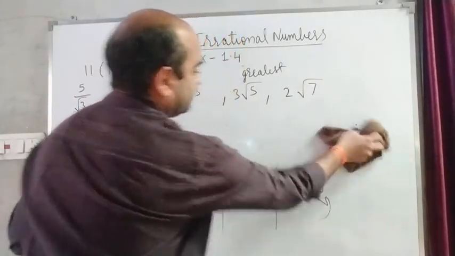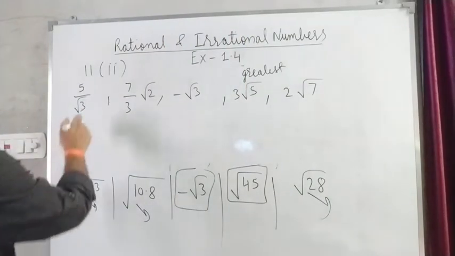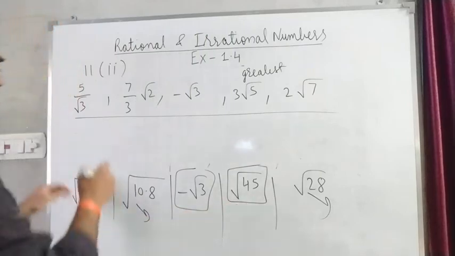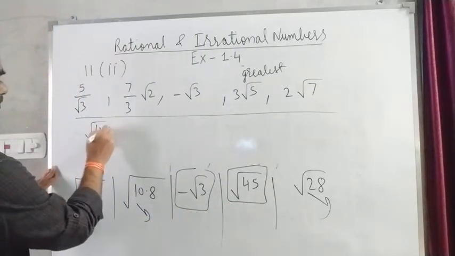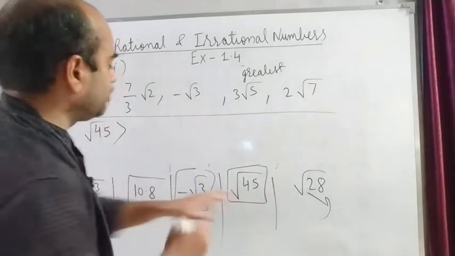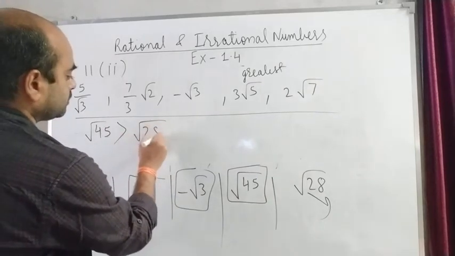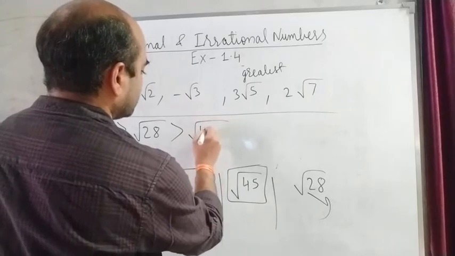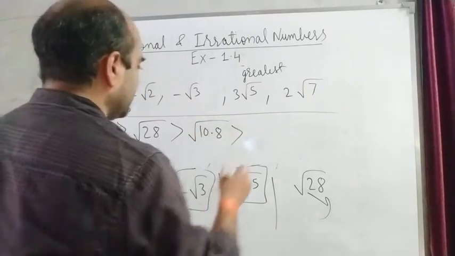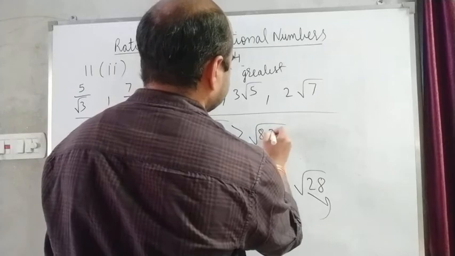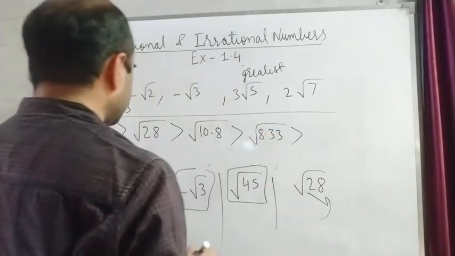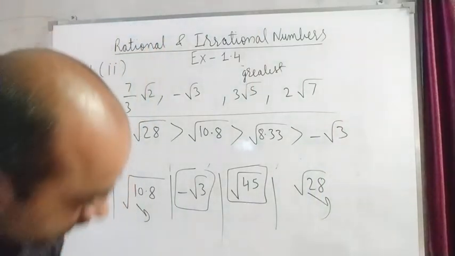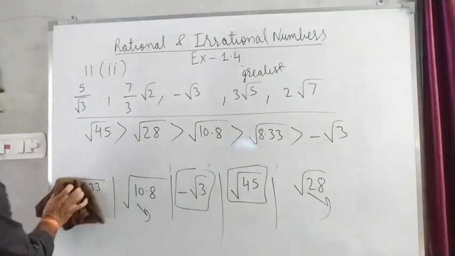See, I am writing. The required order is, first of all, greatest is root 45. After that root 28. After that root 10.8 something. Then root 8.33. And at last minus square root 3. Now we have to write the numbers in original form.